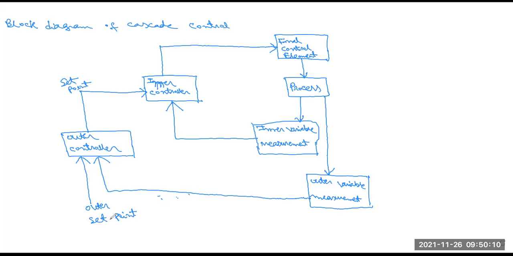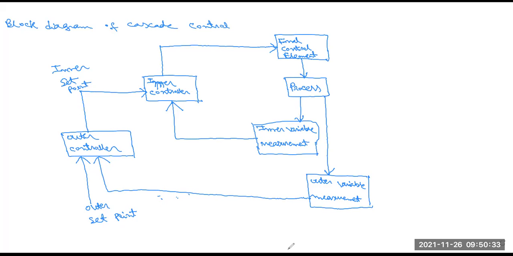At that point, the user or automatic control system sets the set point in the controller part. These are basically the inner set point, that means the primary controller part, and these are the outer set point. Okay, so this is called the inner set point.